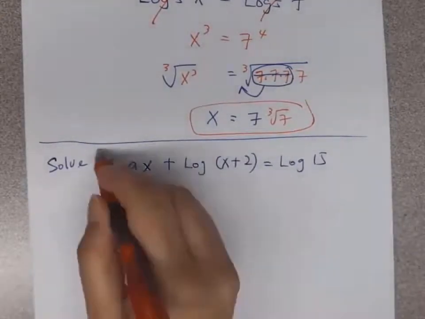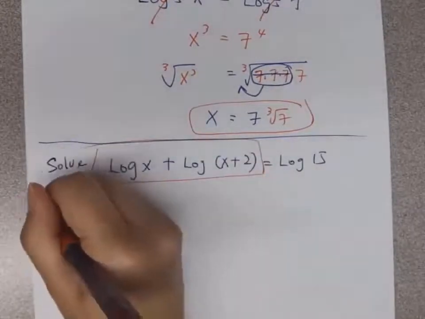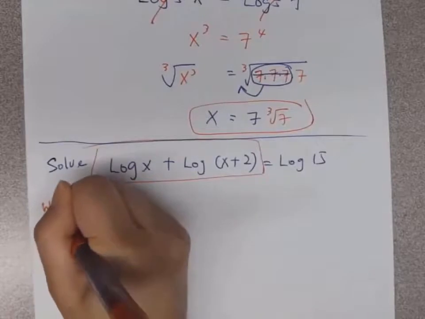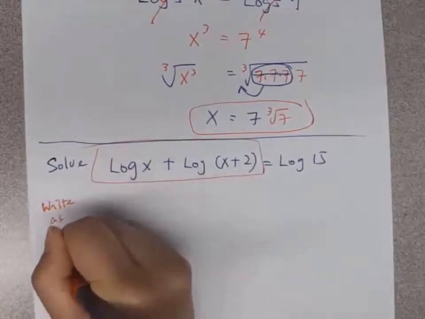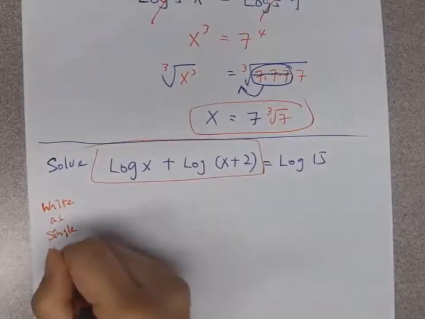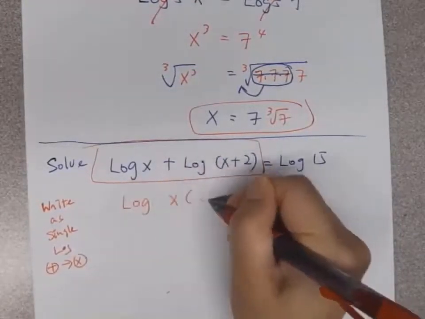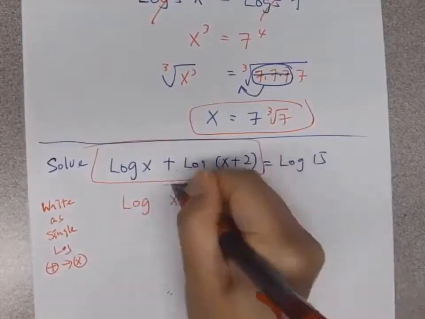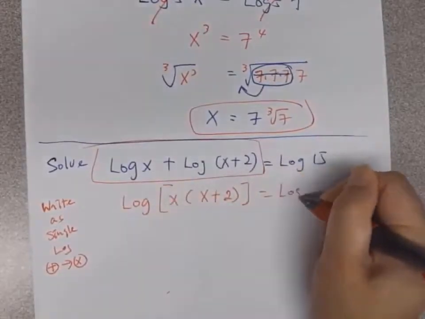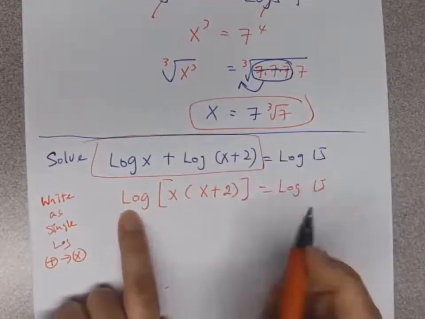So is there a way I can get this together as a single log? Combine the log how? Addition turns into multiplication, very good. So this would be log of x times x plus 2 equal to log 15.